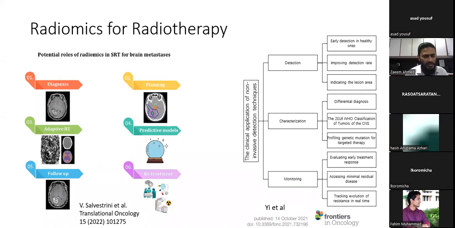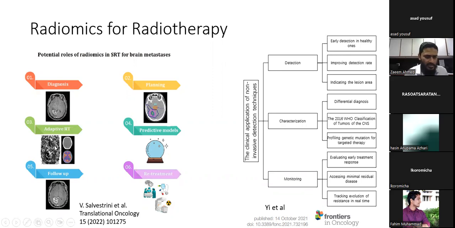There are many models available on the basis of radiomic features, giving early diagnosis, and some have very good accuracy. Also in planning, for example in treatment plans specific to the brain or lung, where the margins are quite tight, radiomics is very helpful in contouring and segmentation of these high dose plans.